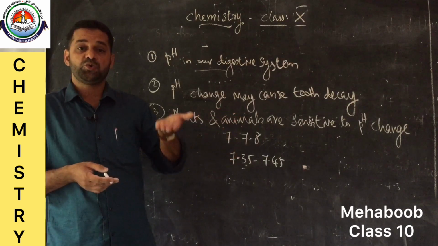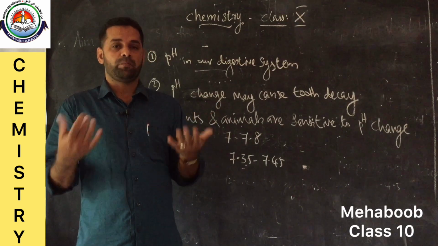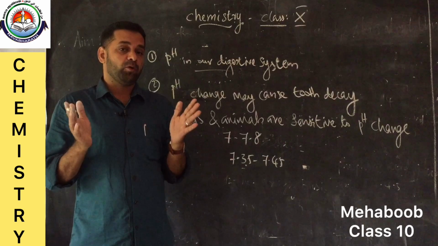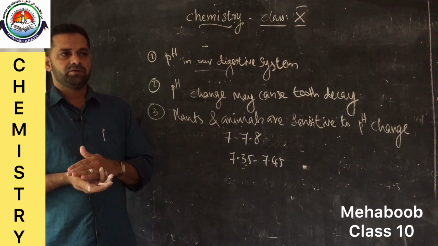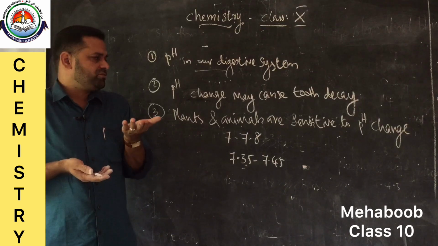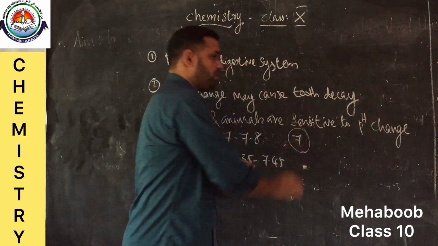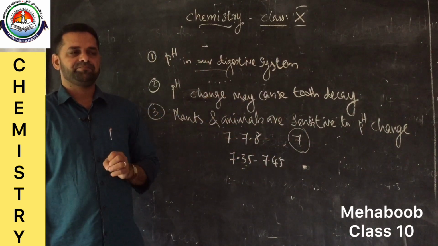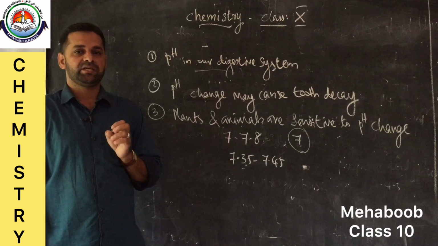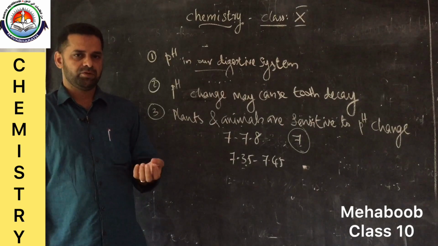If the soil is too acidic or too basic, plants cannot grow properly. If the pH value of the soil is 7, then most plants grow properly. And we know that if the soil is too acidic, we add slaked lime. Do you know what slaked lime is?